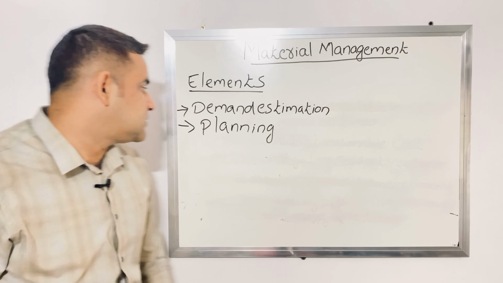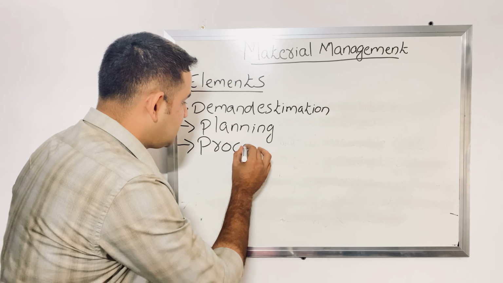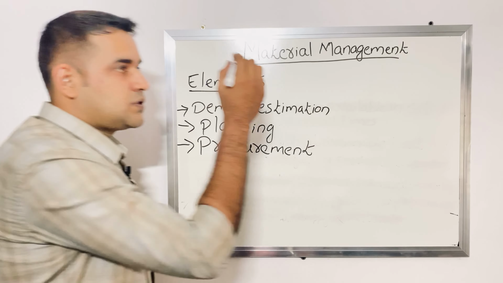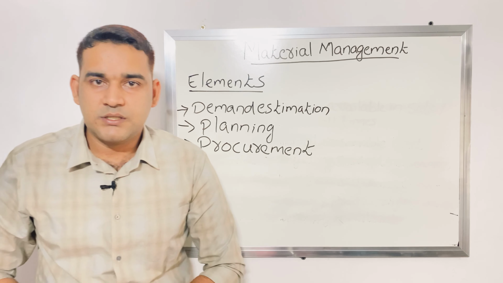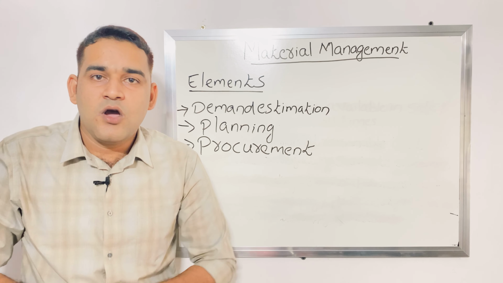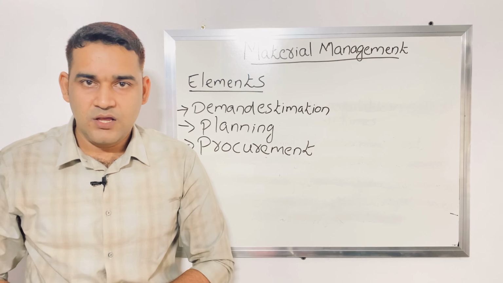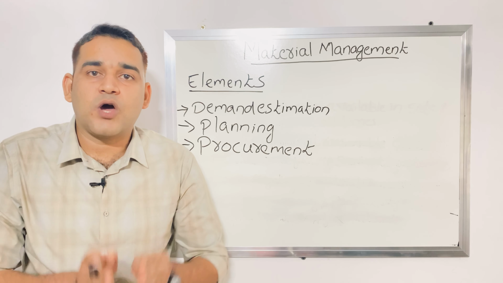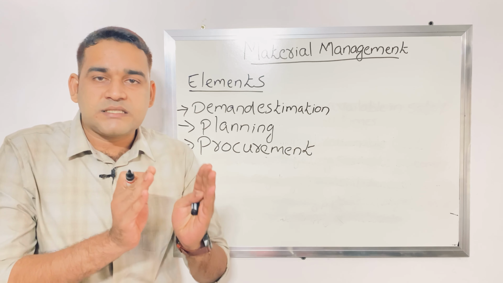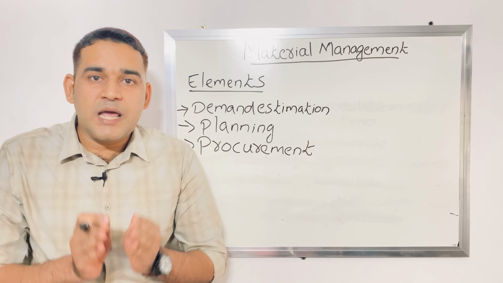Next one is procurement. So what is meant by procurement? Procurement means obtaining or buying goods in a pre-planned manner on a large scale. In bulk, you are purchasing the things in a pre-planned manner.